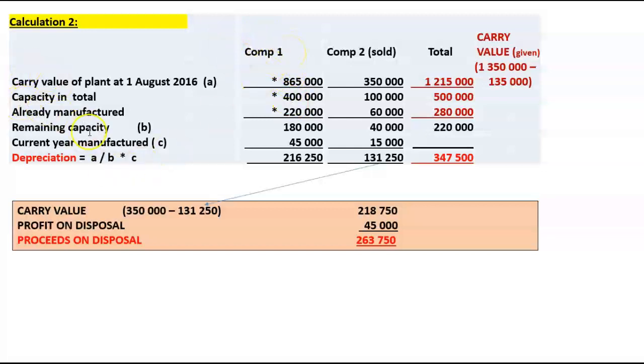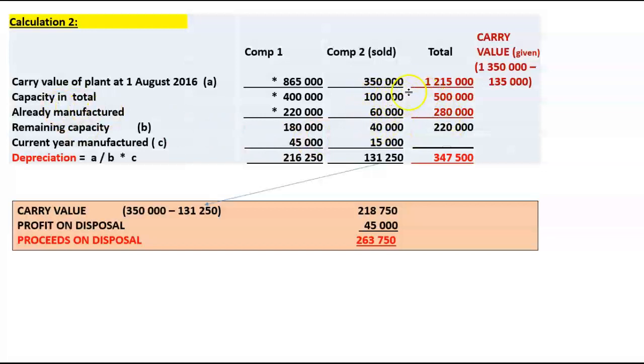So now we can work out the remaining capacity, because when we apply the reallocation method, it is the carrying value of the asset at the beginning of the year, less the estimated residual value, the new estimate, divided by the remaining capacity multiplied by the number of units in the current year.